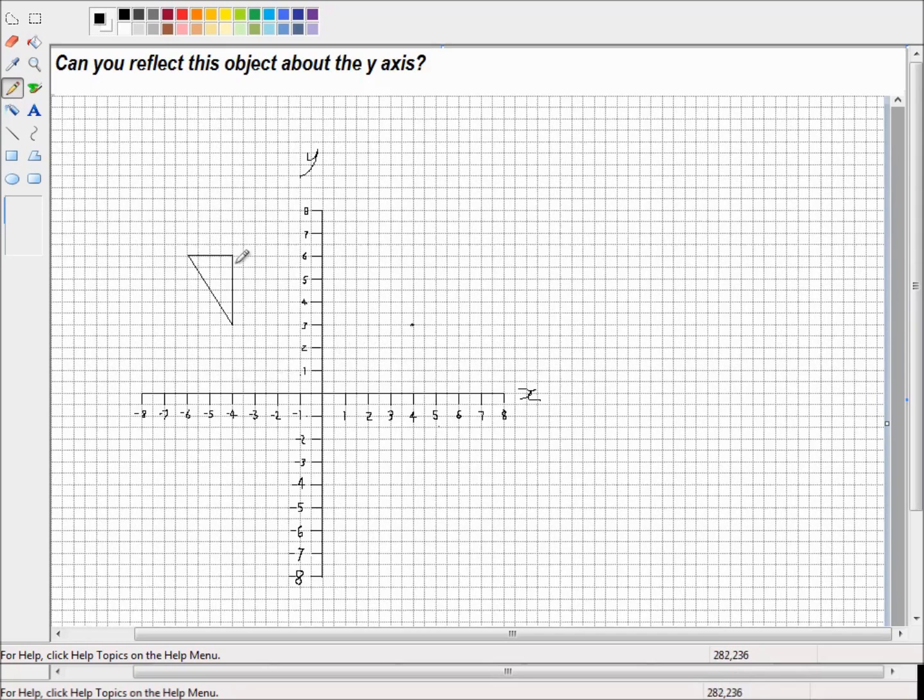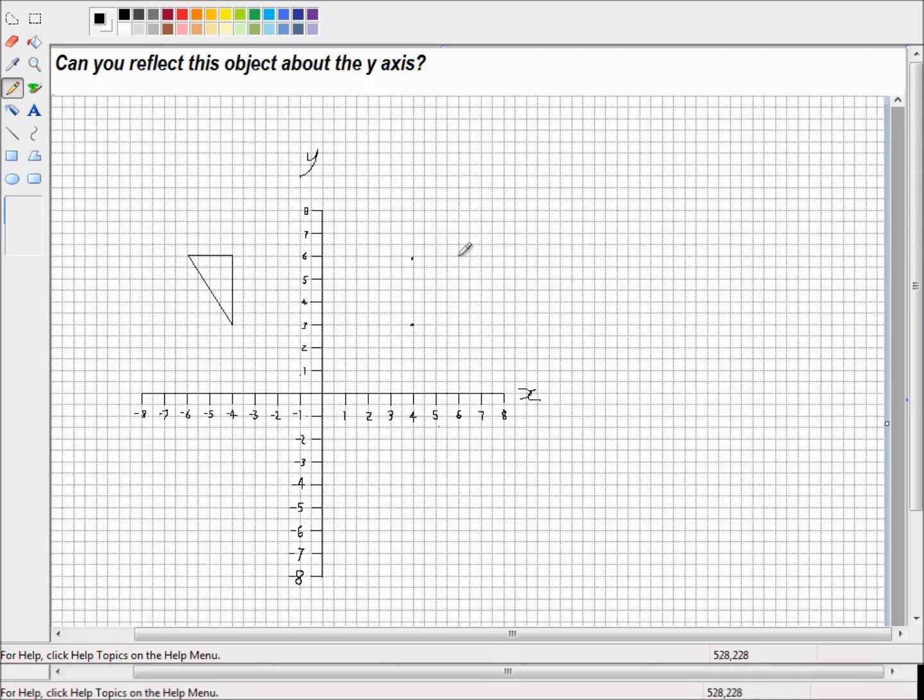Okay, so this point here is at -4, 6, so we'll want +4, 6, so that it's the same distance away from the y-axis. And then this one is at -6, so it's at 6, -6, so this is going to have to be at +6, but still the same value on the y-axis.